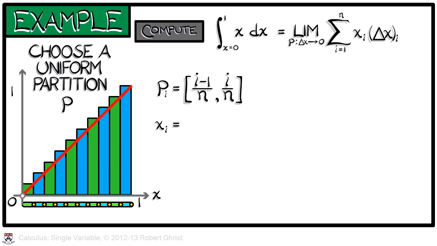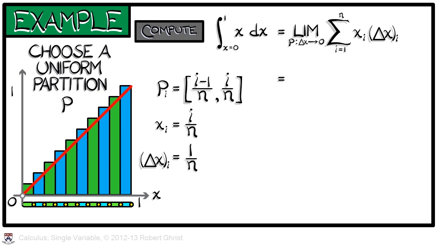Now we need to choose a sampling point, x sub I, in each P sub I. For simplicity, let's just choose the right-hand endpoint, I over n. Then the width delta x sub I is a constant, 1 over n, because we have a uniform partition.